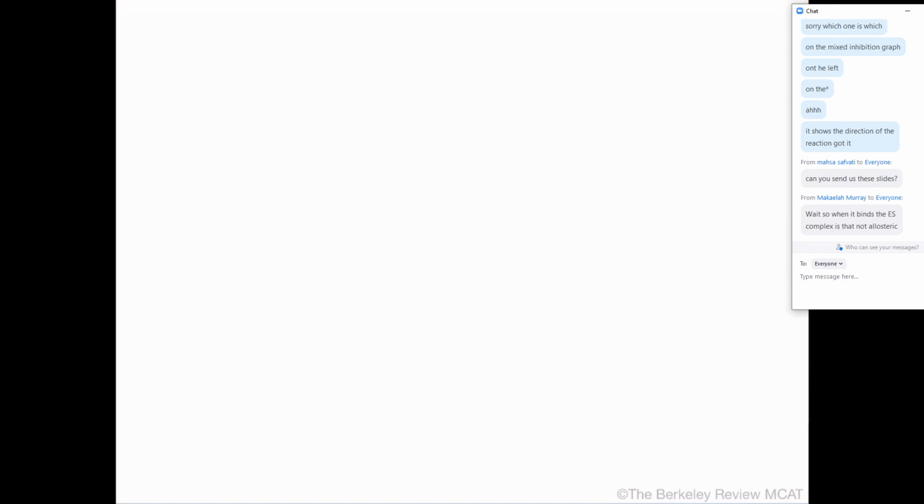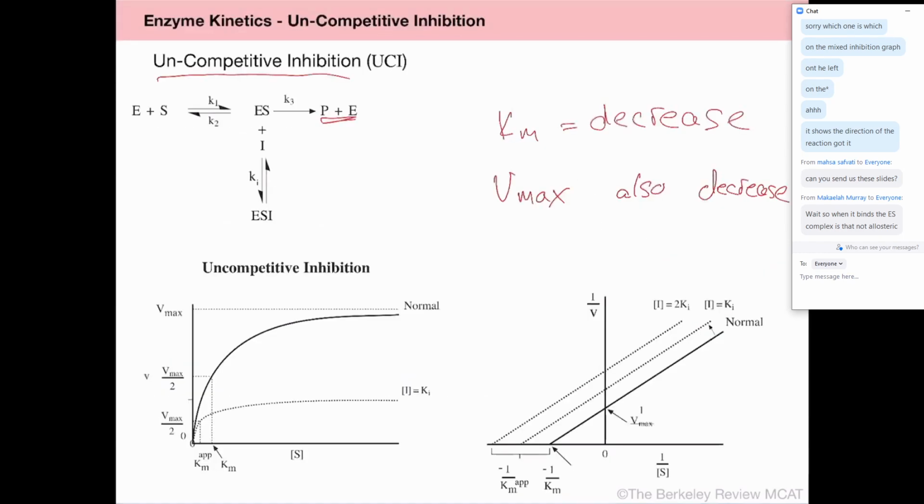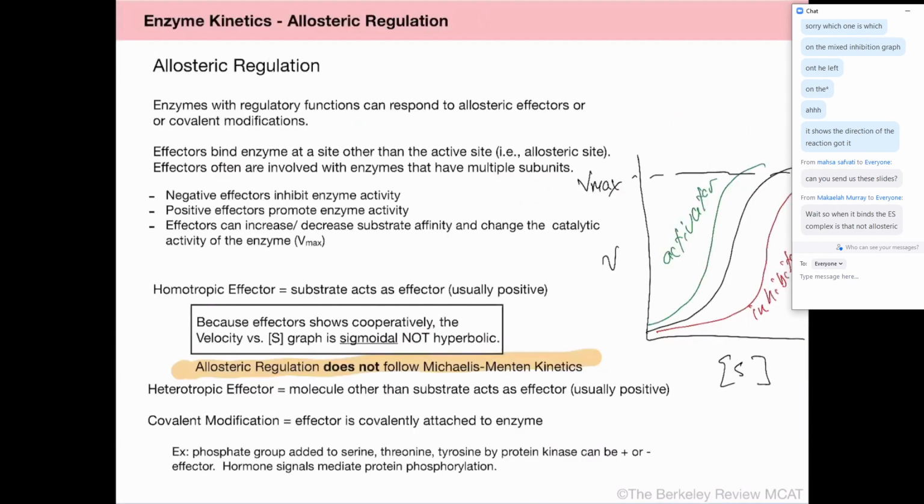Okay, I would actually recommend reading about that. So someone asked an amazing question. So when it binds to the ES complex, is that not allosteric? It's an allosteric site, but it doesn't follow the Michaelis-Menten kinetics, right?